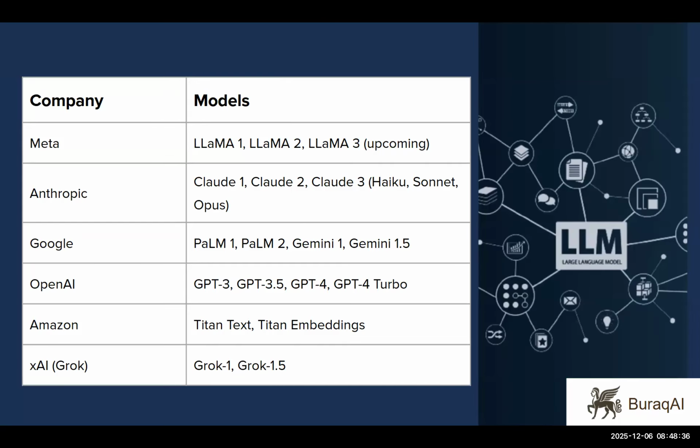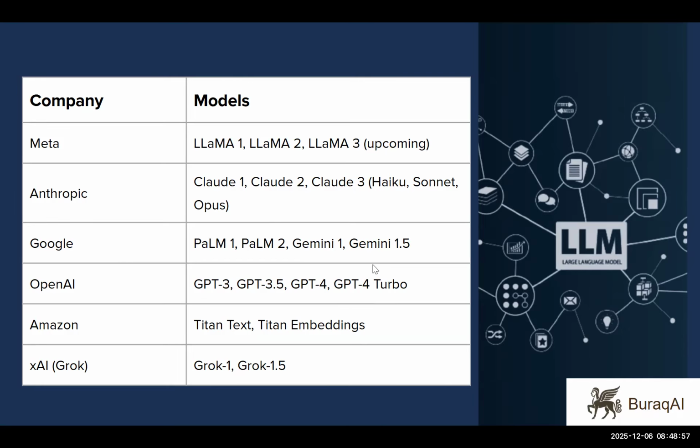So if you look at these companies that provide their own models, right? Meta has this series of models, Llama, Llama 1, 2, 3, whatever series they are. Anthropic has Claude 1, 2, 3, Haiku, Sonnet 3.4 or 4.5 is the latest.